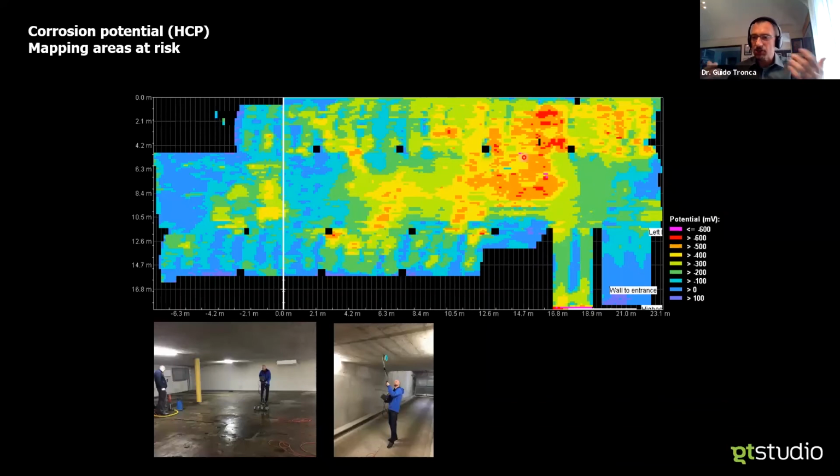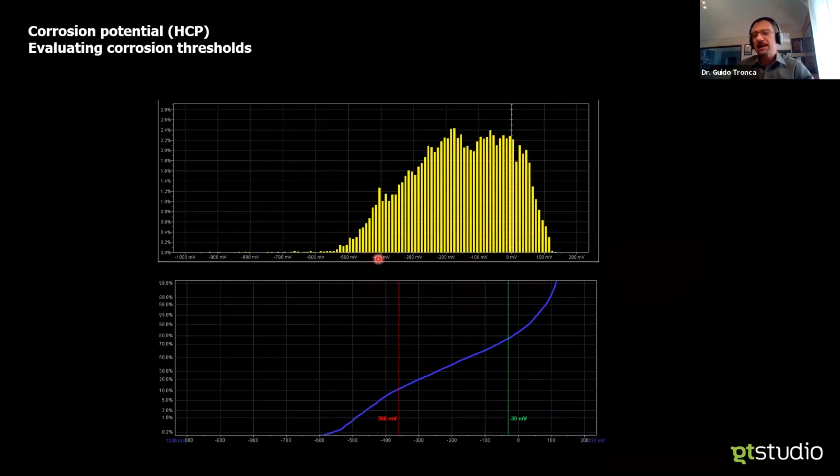In this case, you can see a color-coded map obtained by scanning with a wheel electrode onto a parking slab. Once these data are processed, there are a couple of statistical tricks based on the statistical distribution.